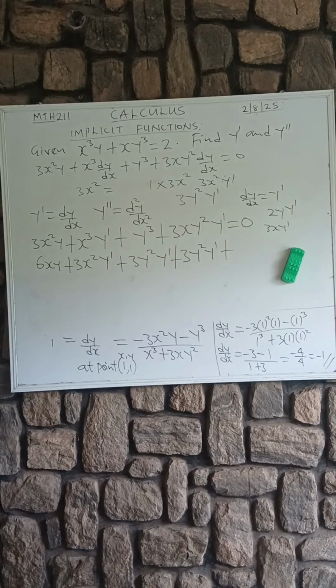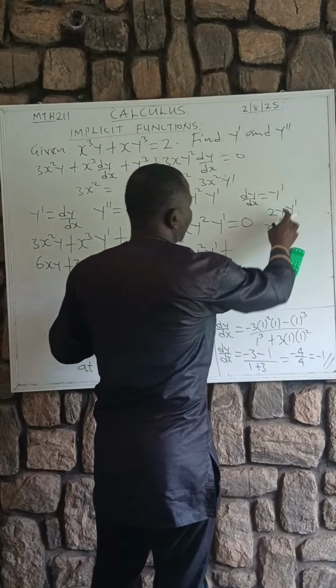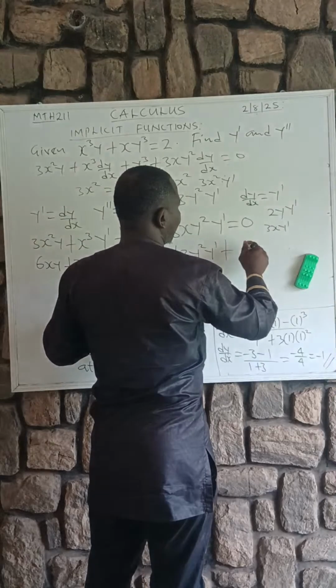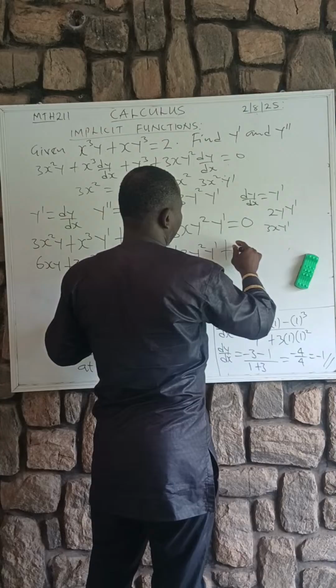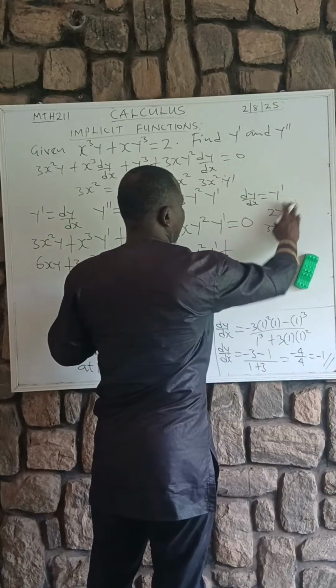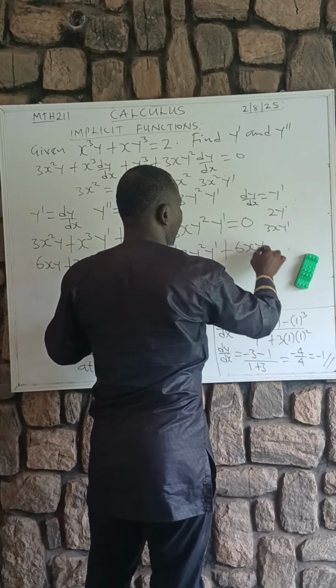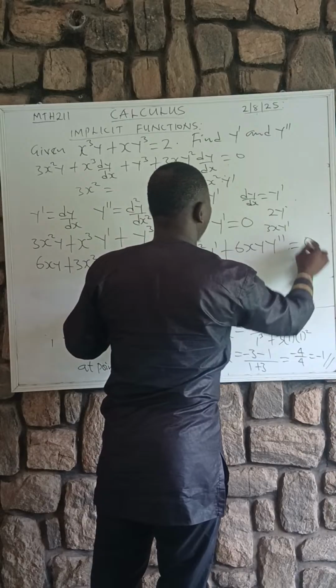So here we'll use it to multiply this. So we are going to have 6xy y prime, which is equals to 0.